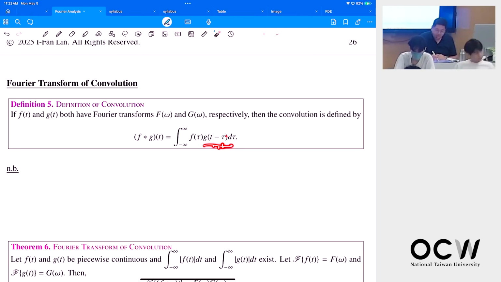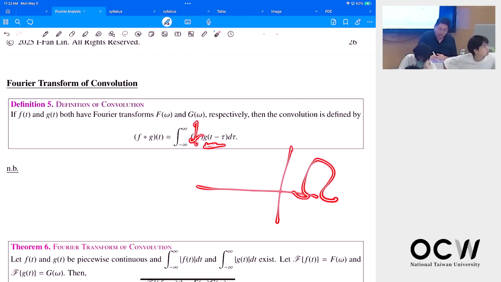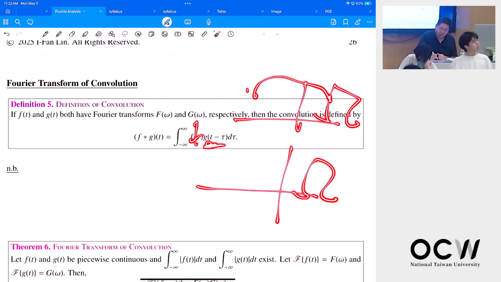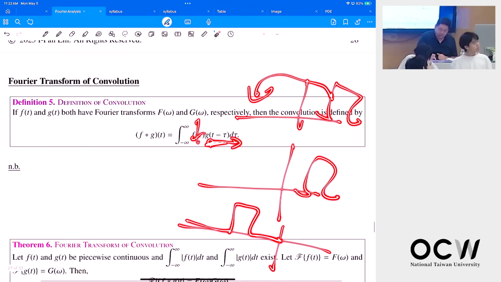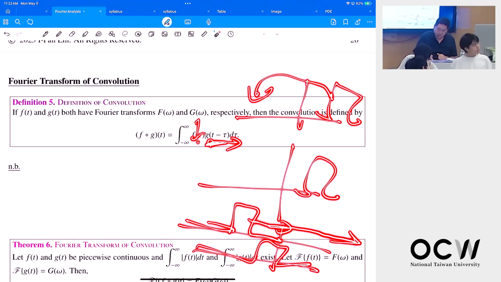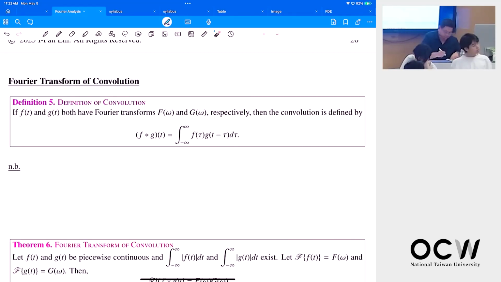So when I flip, and then I shift to the right, like windowing, move to the right, and then multiply by my original function f. This is g. So flip and shift to the right.